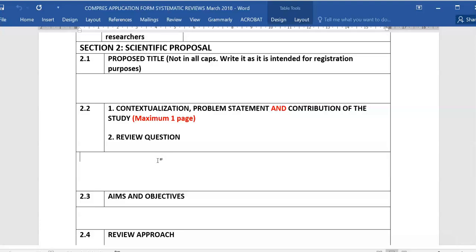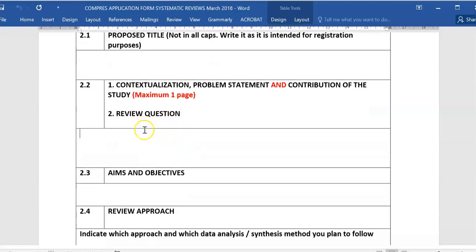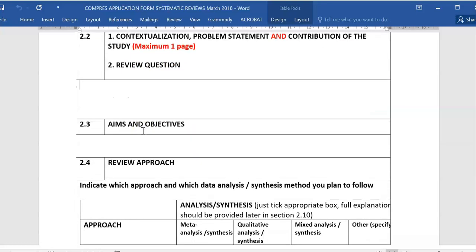If you formulate a review question in terms of an intervention, you would say, what are the most optimum intervention methods for victims of child sexual abuse? You know? So yeah, that is then your research question or review question.